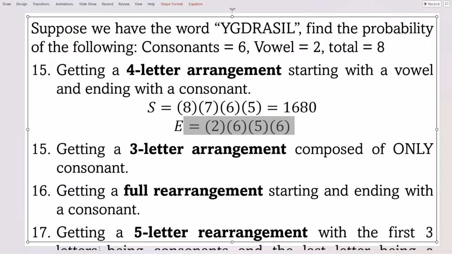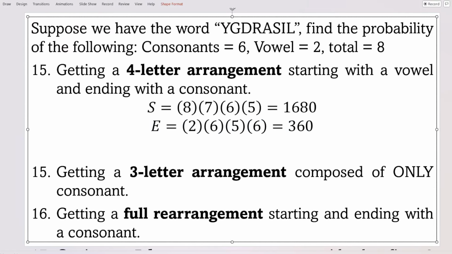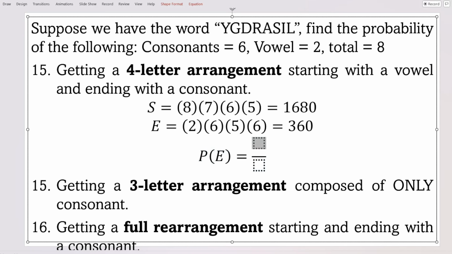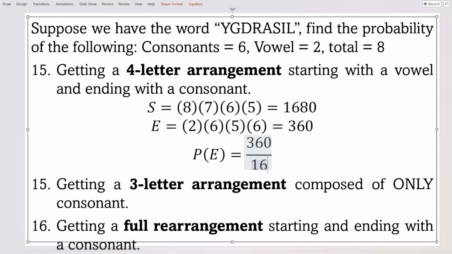So put this in the calculator. You will get 360. And finally, to get the probability of E, that is just the number of events that you want divided by all the possible events.